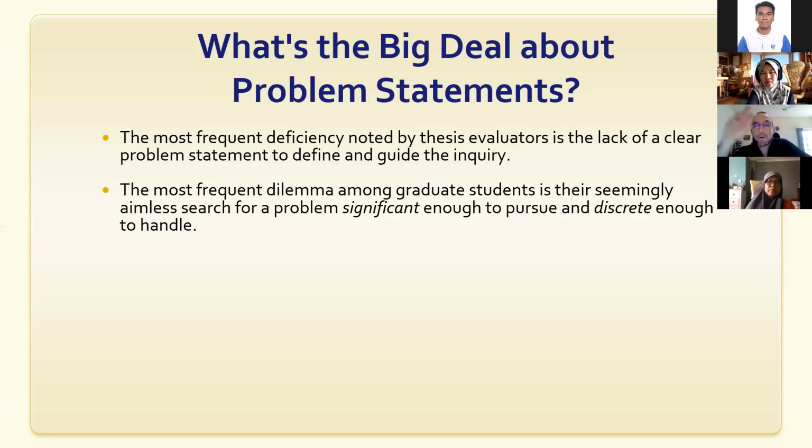Okay, so you have to balance the significance of the problem, really explaining how it's a problem and for who it's a problem, as well as making it discrete enough that it can be studied, all right? Because if it's too big for one person to handle, it's going to cause bigger problems down the line.